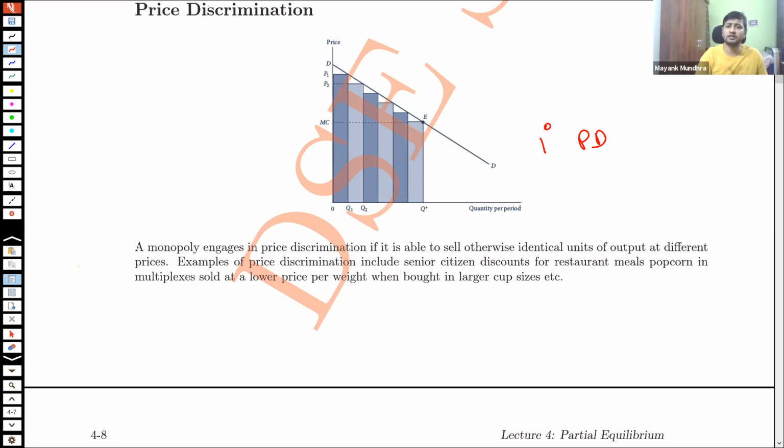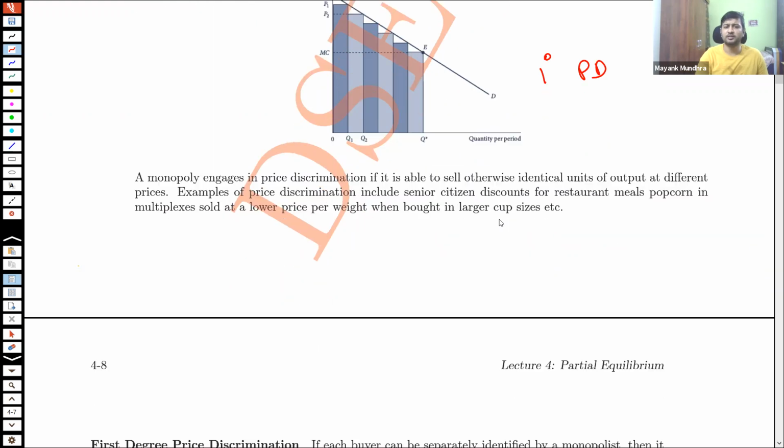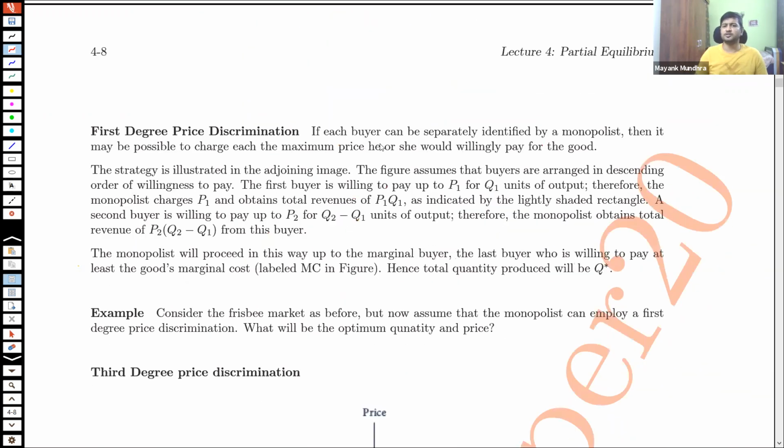So how does that work? If each buyer can be separately identified by a monopolist, then it may be possible to charge each the maximum price he or she would willingly pay for the good. So that's my first degree price discrimination.